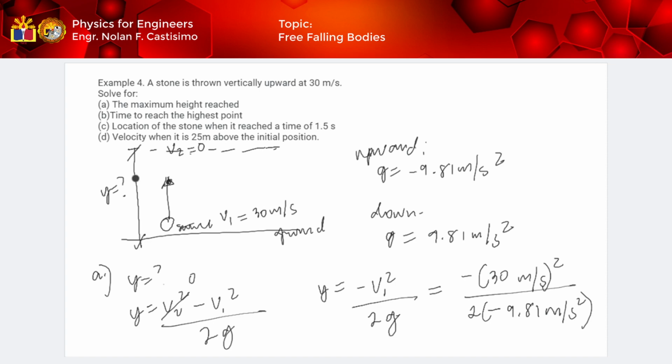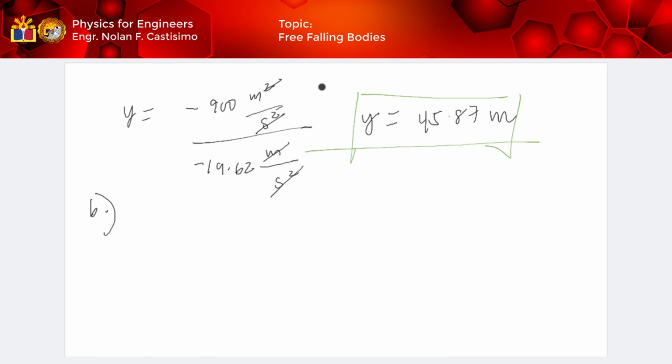Okay, so ilang oras daw bago niya ma-reach yung highest point na ito, wherein ang highest point natin is 45.87. So, yung susunod na yan, so T is equivalent to question mark to reach highest point.